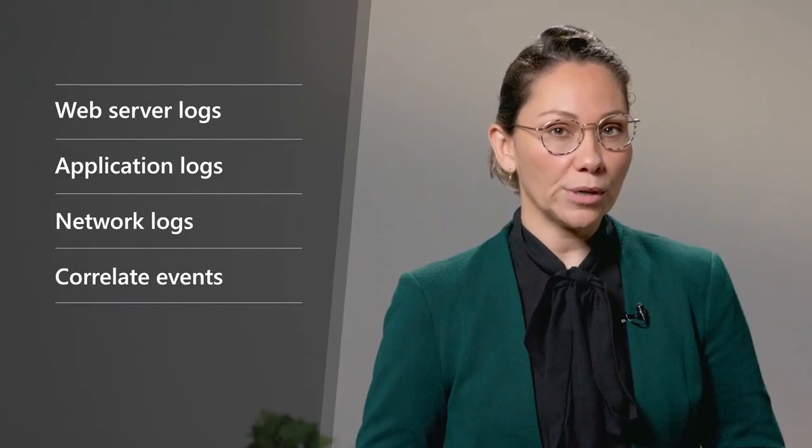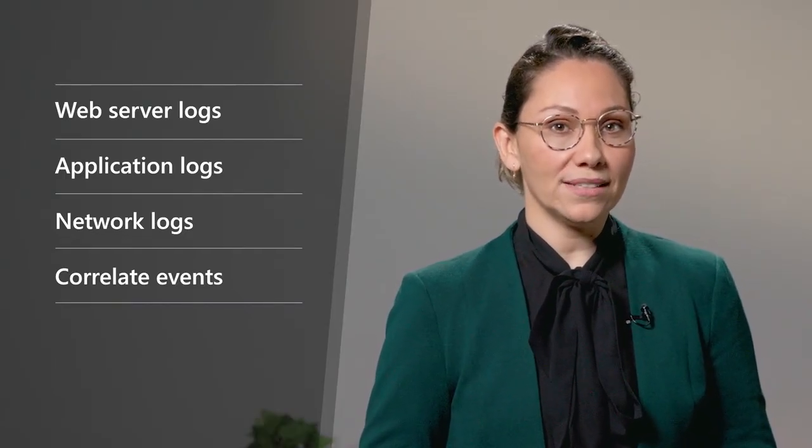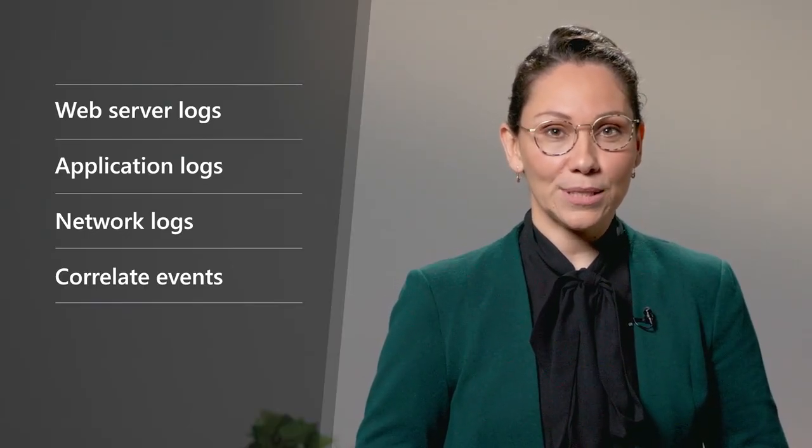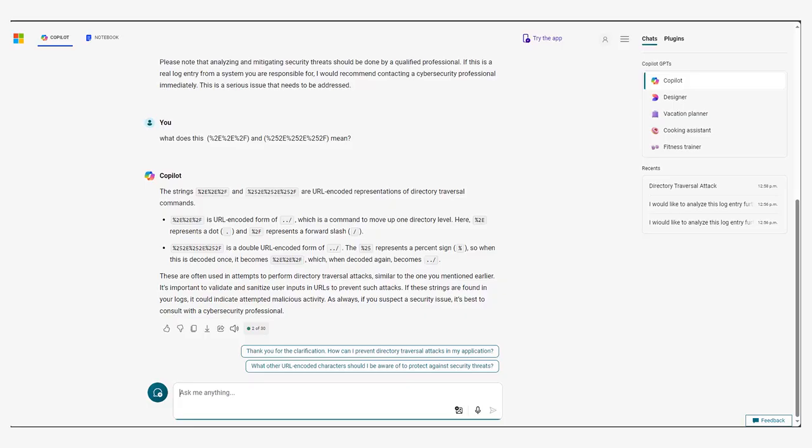For example, it might correlate a suspicious URL request in a web server log with an unusual process creation event in a system log, indicating a successful exploitation attempt. By using the advanced capabilities of generative AI, organizations can significantly enhance their ability to detect, analyze, and respond to directory traversal attacks, ultimately strengthening their overall cybersecurity defenses.